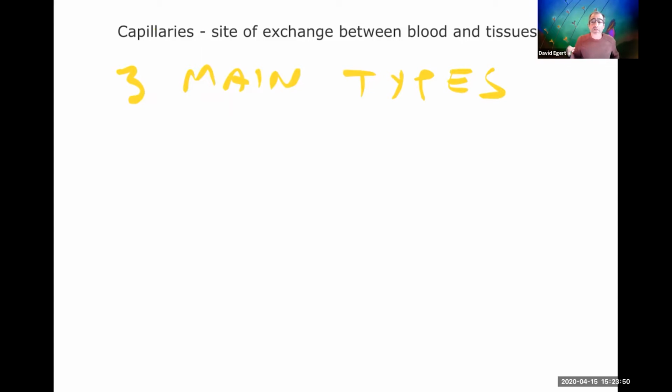Actually, let's do the 2 specialty ones first, and then we'll go into the main ones. This is a specialty type. They're called fenestrated. Fenestrated means having windows.